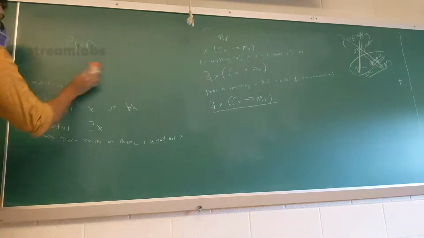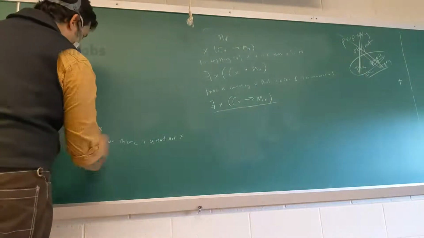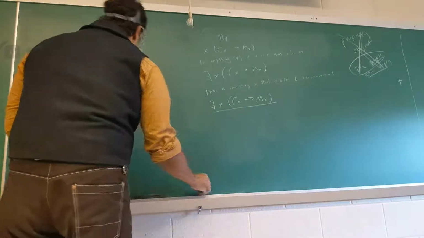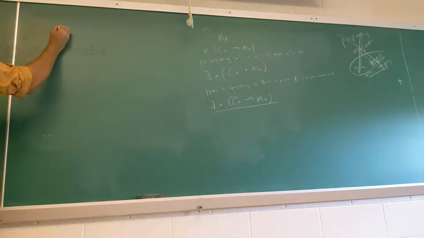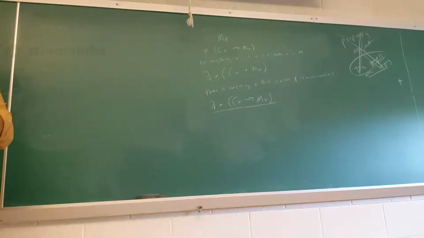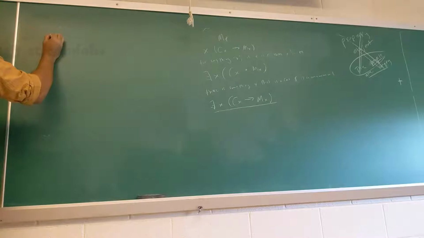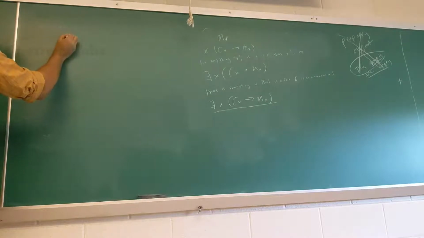Okay, so let me just do a quick recap. In predicate logic, we have names. I don't remember what the book calls them. Has anybody read this chapter yet? Subject symbols for particular subjects. We have variables for subjects.